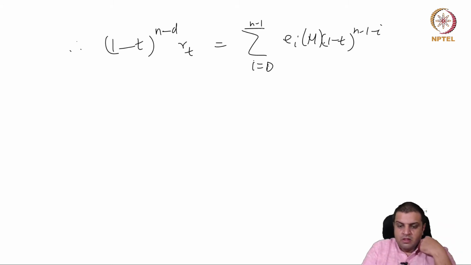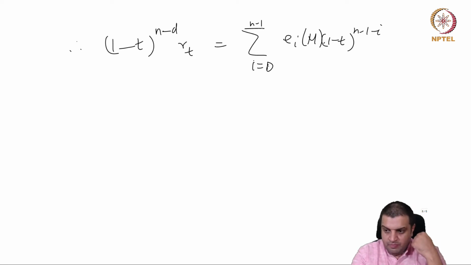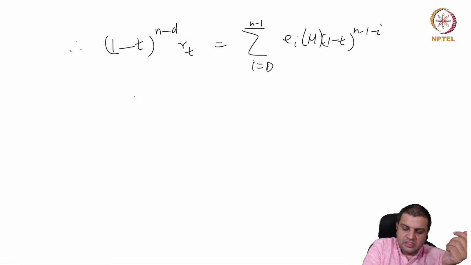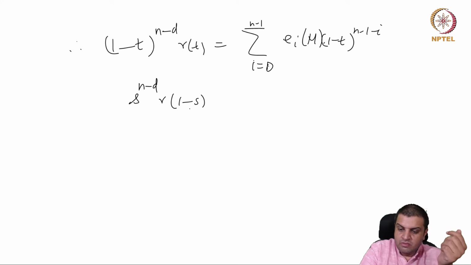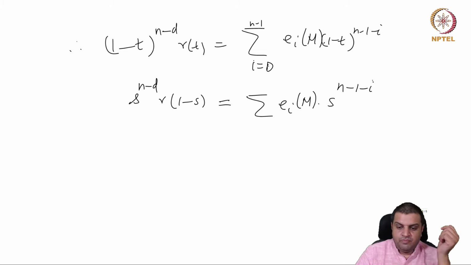What does that mean? Formally we can just think of this as s to the n minus d times R of 1 minus s. This is some polynomial, it doesn't matter, and it equals the sum of e_i(m) times s to the n minus 1 minus i.